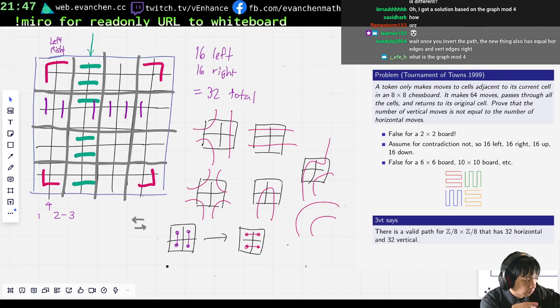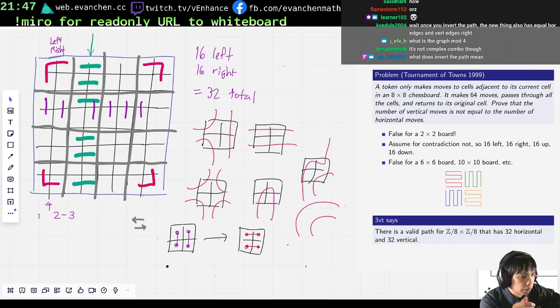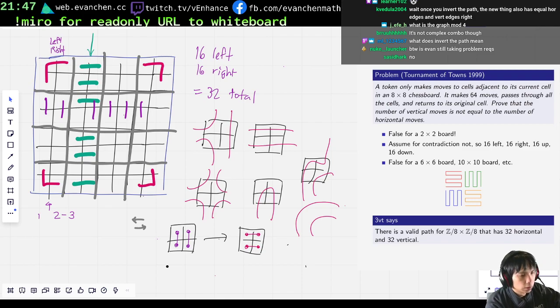I agree. And so you take an edge if and only if it wasn't present before. There are some connections between pairs of squares. You take exactly the ones that were not present before. It'll still have an equal number of horizontal and vertical.